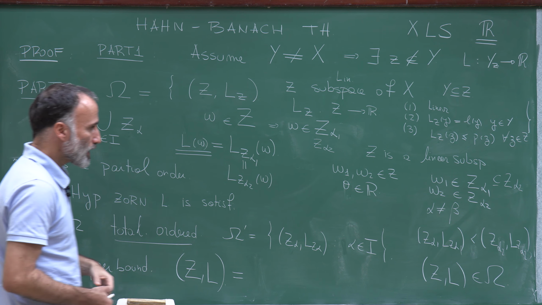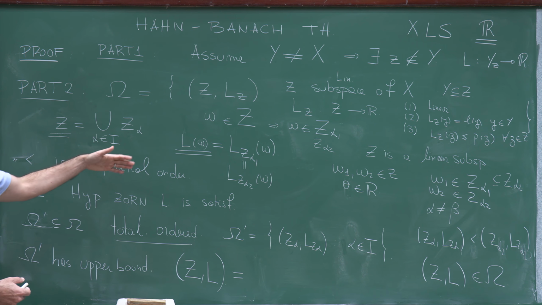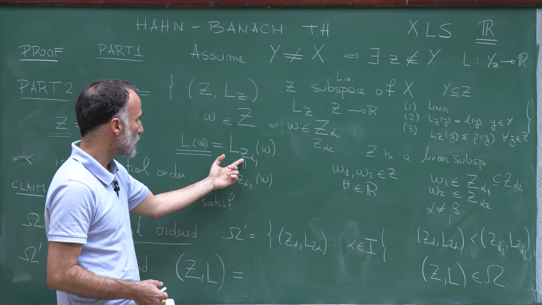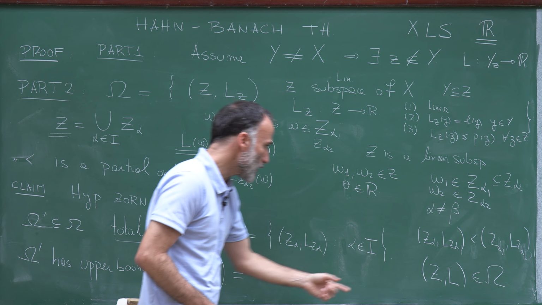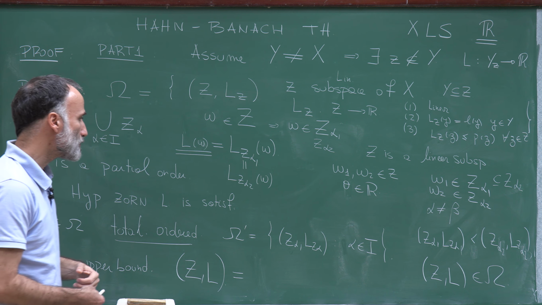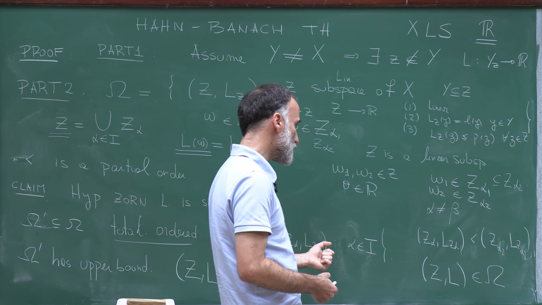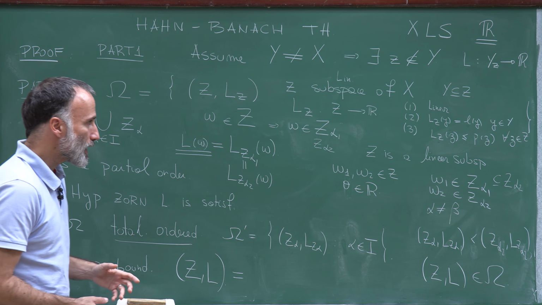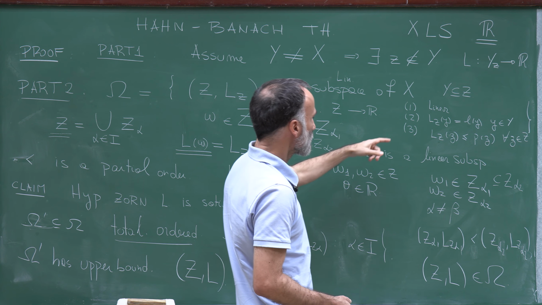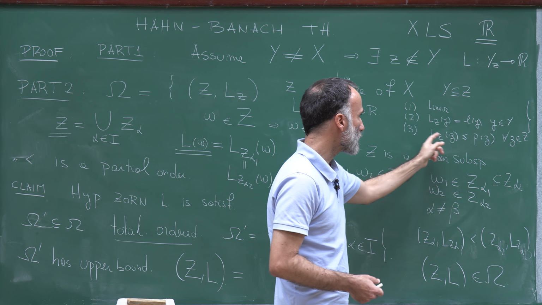And I want to show that L is an extension of L_Z_alpha. And indeed, in the way in which we define L, on Z_alpha, L and L_Z_alpha coincide. So L coincides with L_Z_alpha on the space Z_alpha. Therefore, this is an extension. I'm just realizing that I proved that L is linear, that L is an extension, but I didn't prove this inequality.